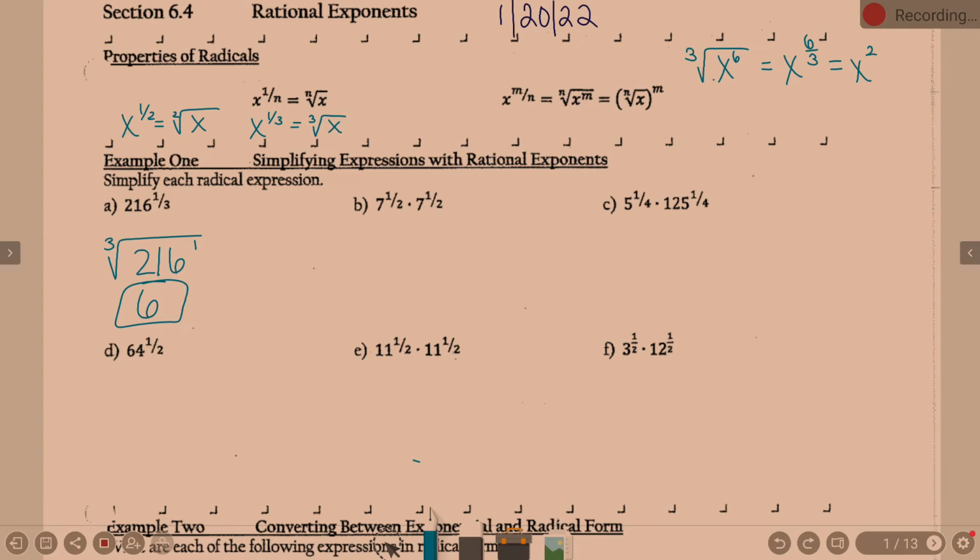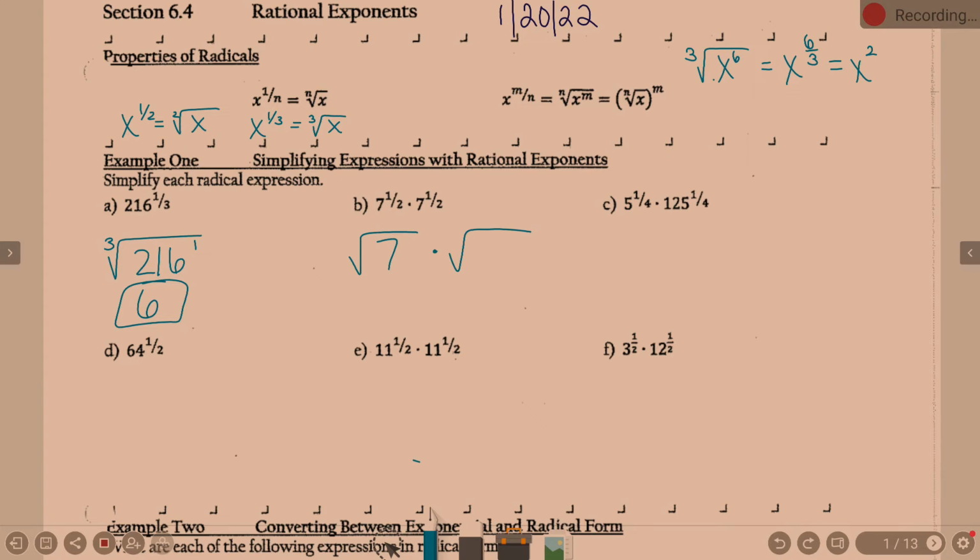Okay, B. 7 to the 1/2 times 7 to the 1/2. Well, there are a couple different ways we can do this. Because you guys dislike fractions so much, well, what do you know? You see a fraction exponent. That means I'm going to write a radical. And this is going to be a radical times a radical. 7 to the 1/2. What's under the radical is the 7.